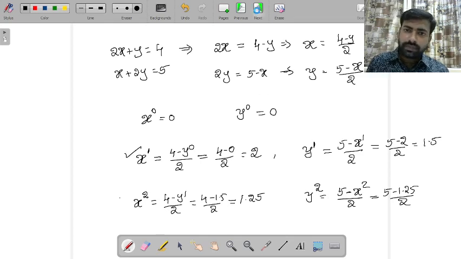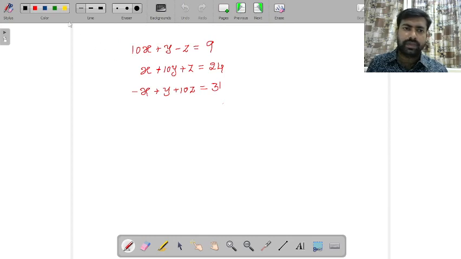Okay. Let's see one more problem. First let us solve this problem using the Jacobi method, and later we'll do it using the Seidel method. First you have to arrange these equations in such a way that the coefficient matrix is diagonally dominant. And next, first you have to write what x is from this equation. 10x equal to 9 minus y plus z.